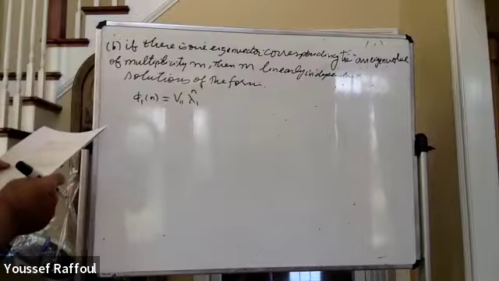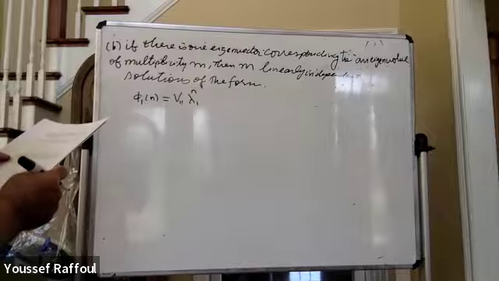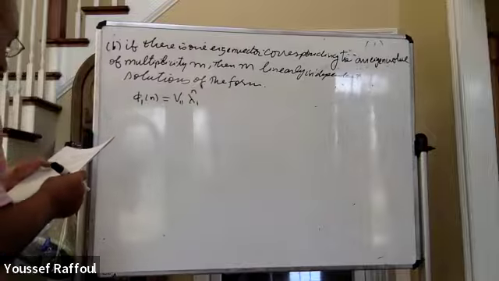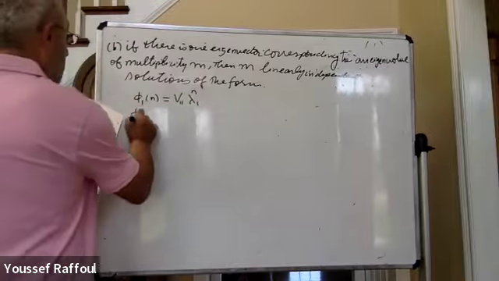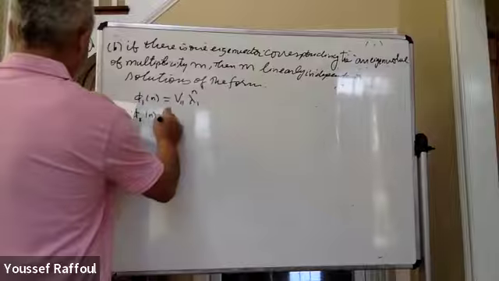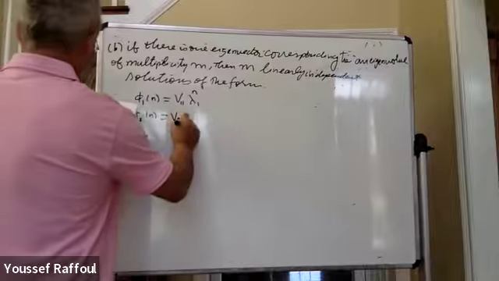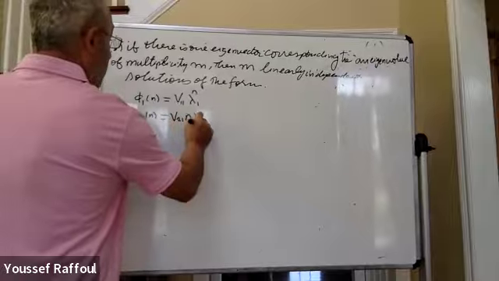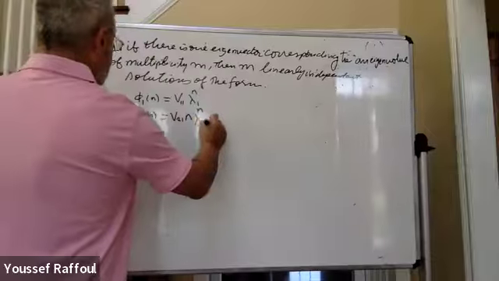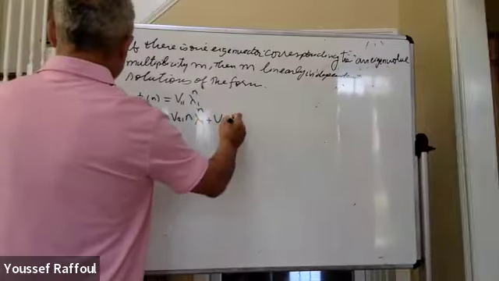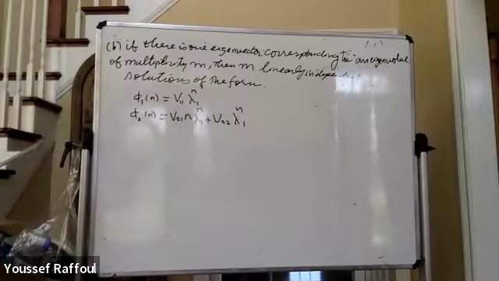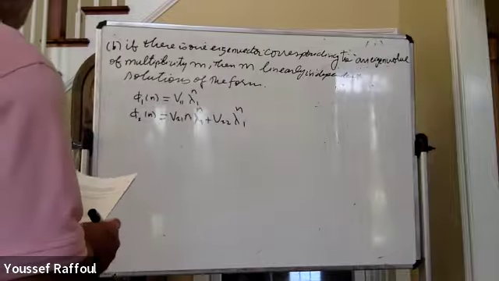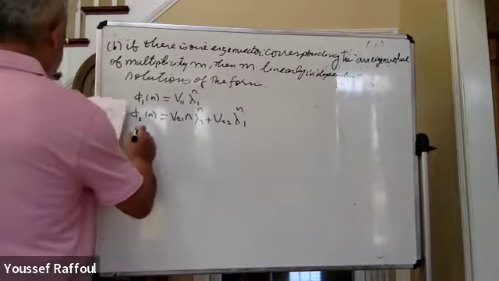Okay, and here we're taking the eigenvalue to be lambda_1. Okay, phi_2(n) is v_21 n lambda_1^n plus v_22 lambda_1^n.